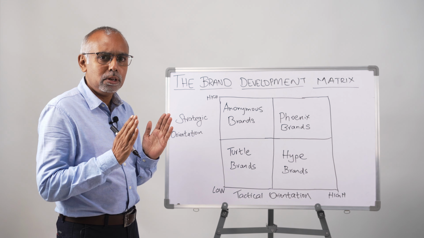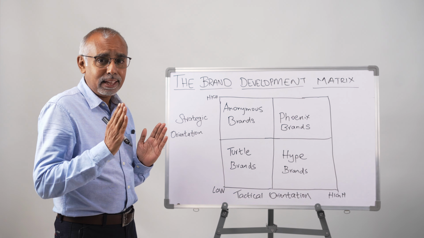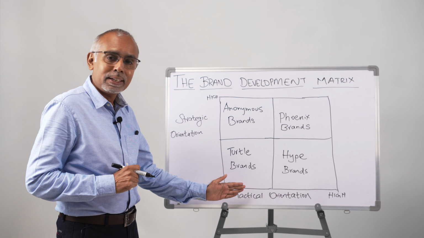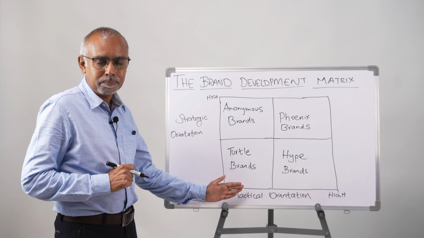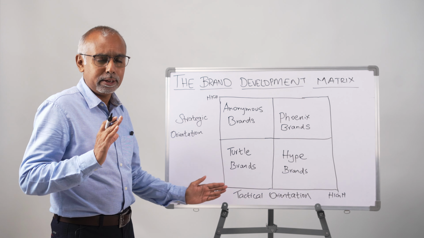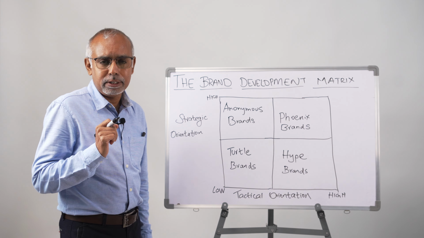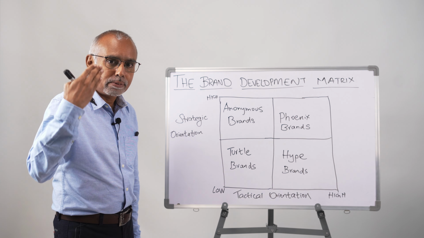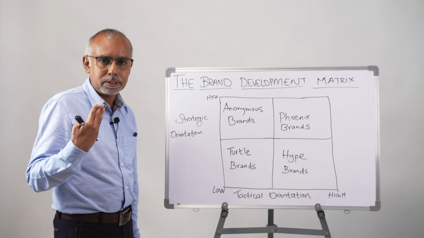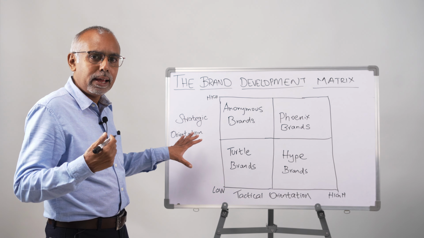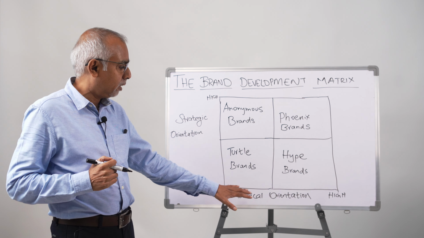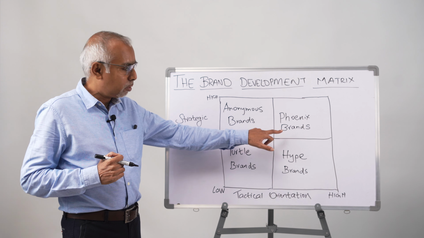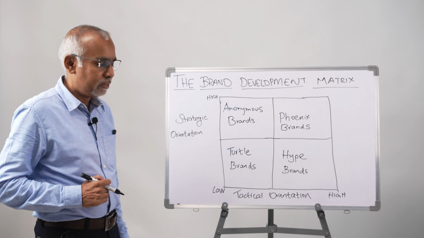You have absolute clarity about this. And then you're also good at tactical execution. So you tend to do well. It means your campaigns would work really well. You tend to attract the right customers into your business when you're highly aligned with both strategic and tactical orientation. So I call these type of brands Phoenix brands, as I said.